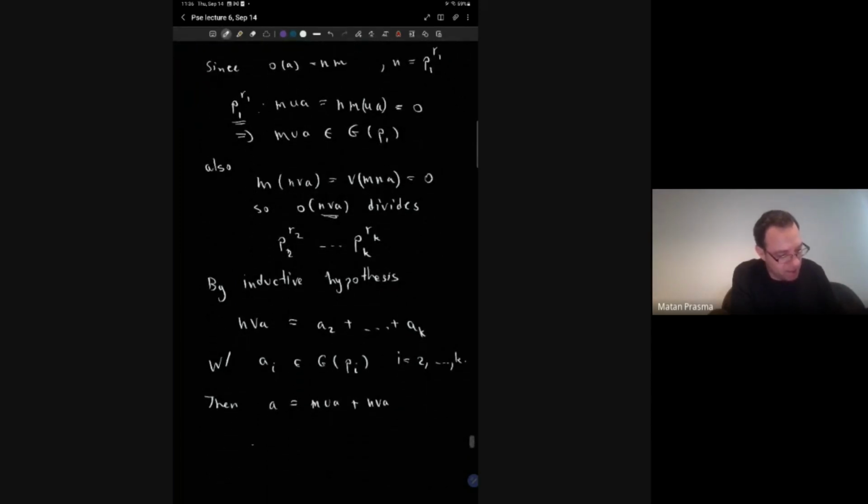And MUA, we saw that it's an element of G P1, so you can simply denote this element as A1. So A equals A1 plus A2 up to AK. Okay, and this finishes the proof.